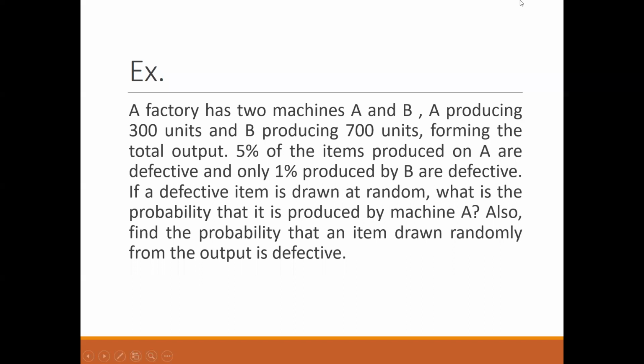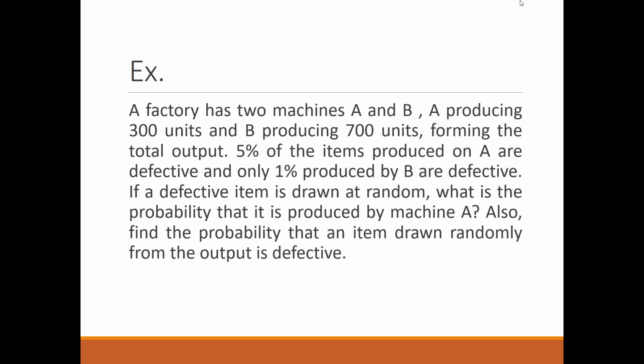What is the probability that the item is produced on machine A? If I want to find out P(A1), your P(A1) will be 300, that is because we are producing 300 units, divided by 1000. Okay. That will be 0.3.